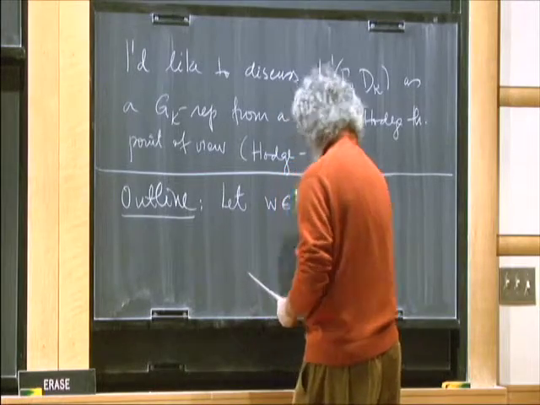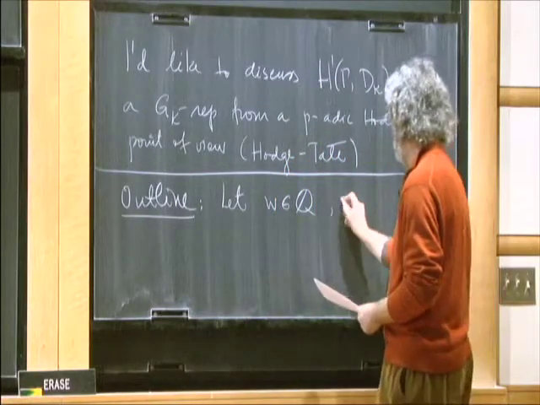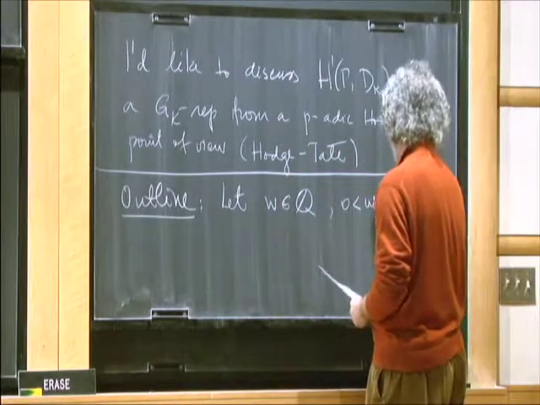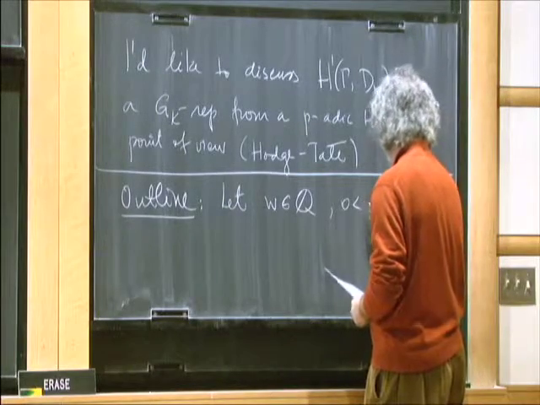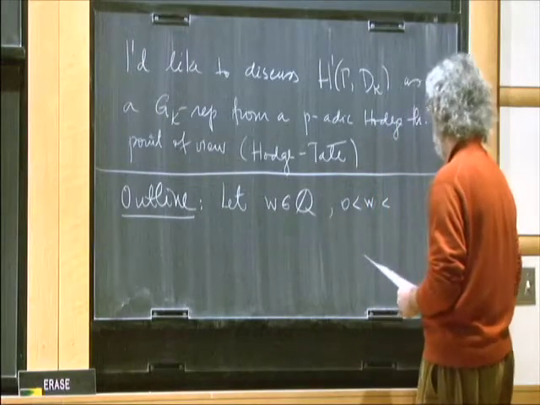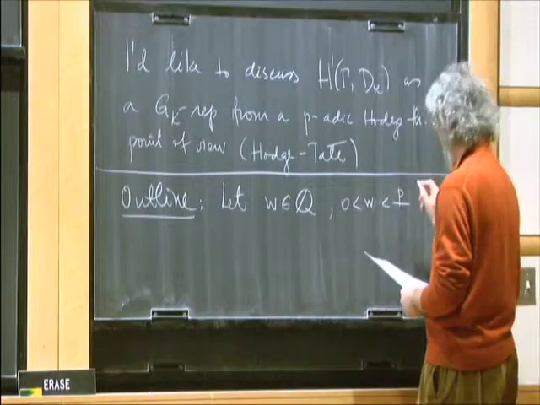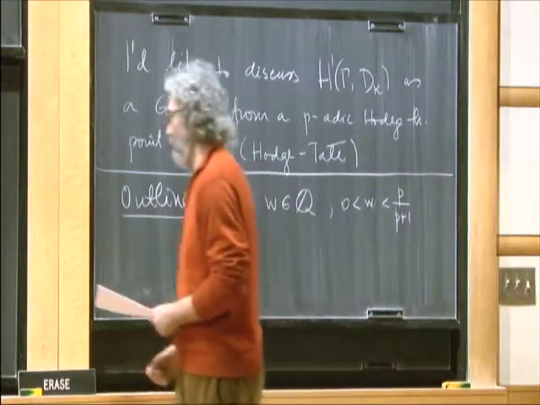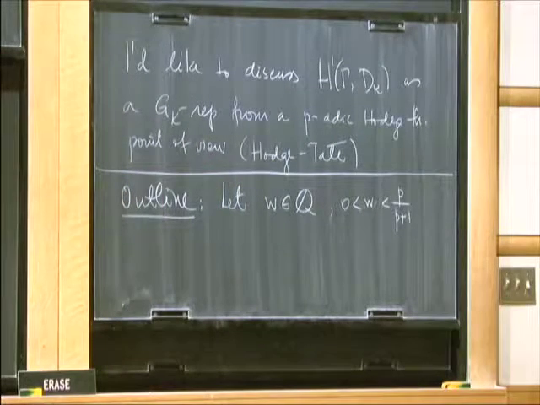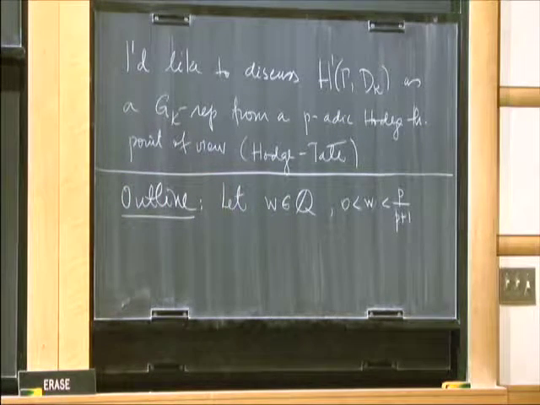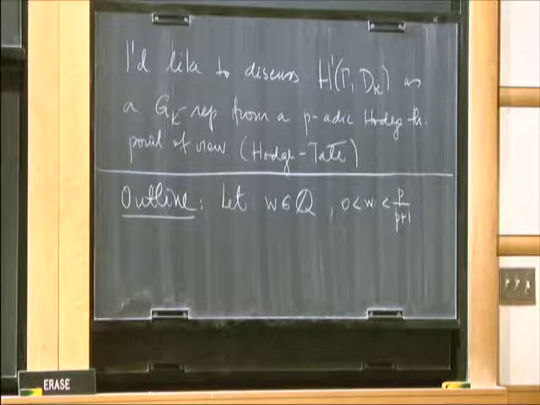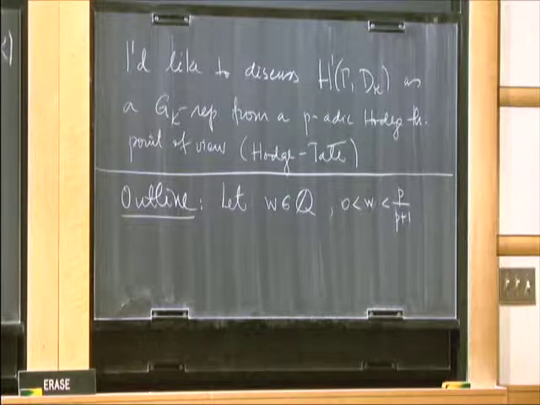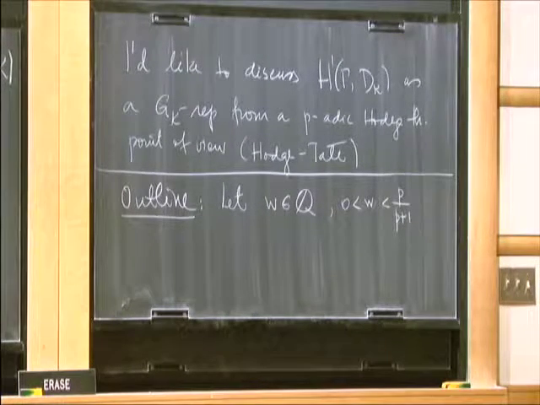Say w, a rational number, small w, is smaller than p over p plus 1. So this is somehow the bottom range of Vincent's.